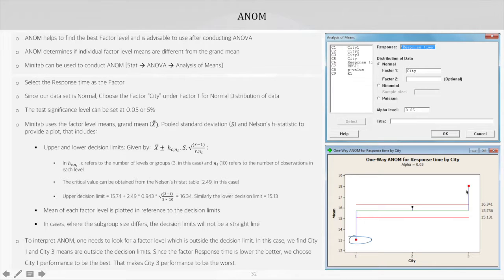Since the response we are talking about here is the ambulance response time, which is lower the better, we choose city 1 performance to be the best, and going by the same logic, city 3 performance would be the worst. So this is how analysis of means, or ANOM, helps us find the best factor level.